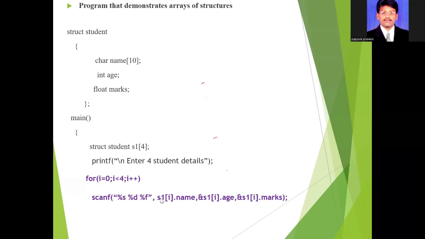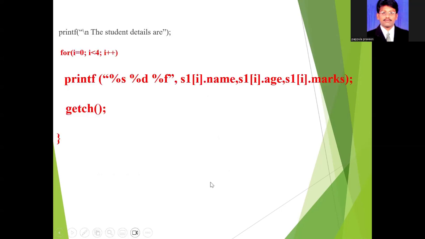What do you mean by s1[i]? If i equals 0, then s1[0] is for the first student's details, and s1[i] the age, name as well as marks. Now in the same way you print the details also, using the output function like printf %s %d %f, s1[i].name. The dot symbol is for accessing structure members through the structure variable.